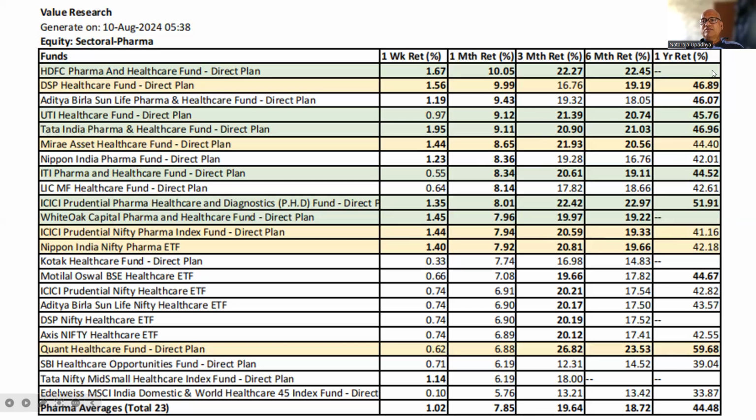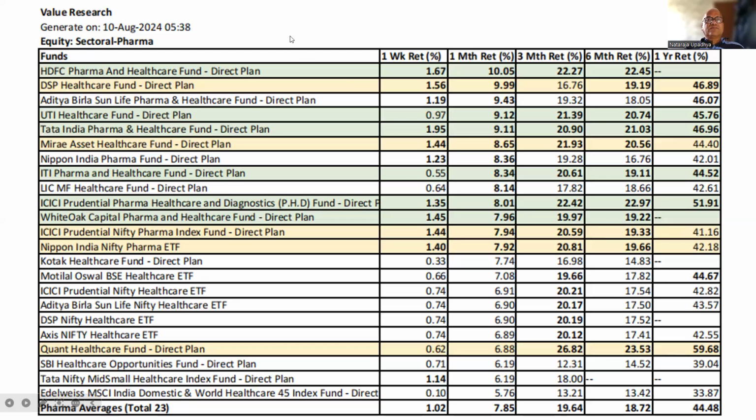Now the highest annual return here I see is Quant Healthcare Fund with 59.68% for the annum, but it did not make it to the green because the monthly return was below average within this 23. Okay, so that is about the pharma funds.